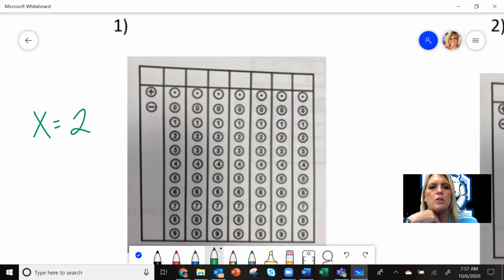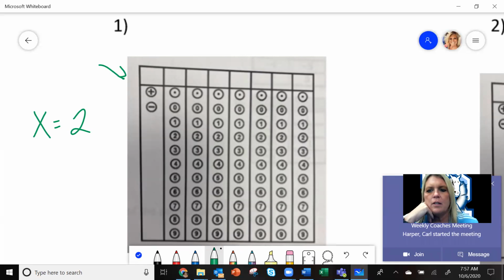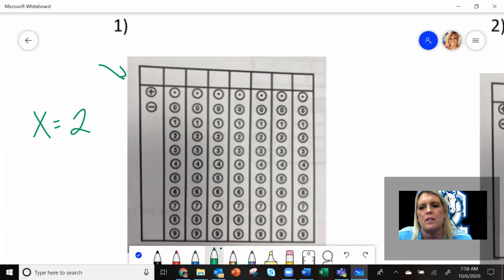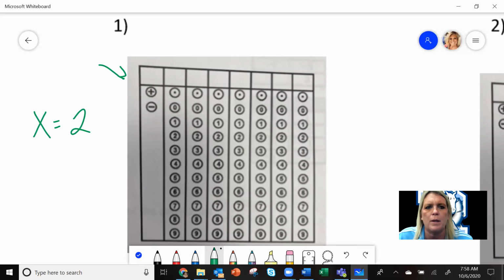So now, when you bubble it in the first spot right here, it is saying you do plus or minus. Well, it's a positive. You can put a bubble in there for plus, but to be honest, the only time you want to use that is when you are doing a negative, because the more you bubble in, the more chances are you'll make things wrong.